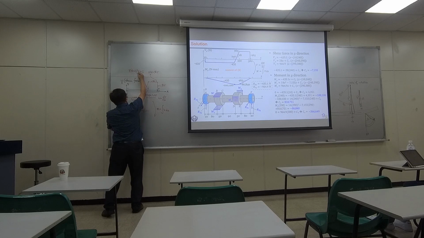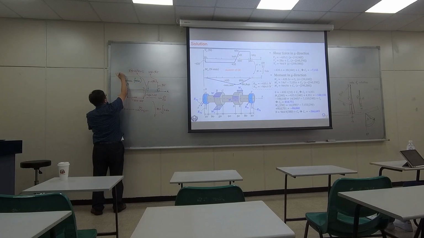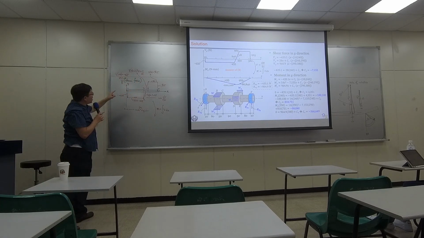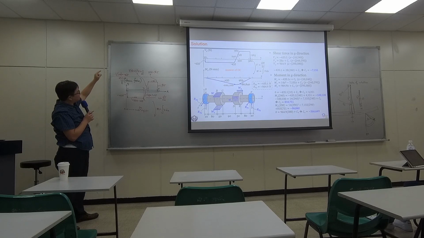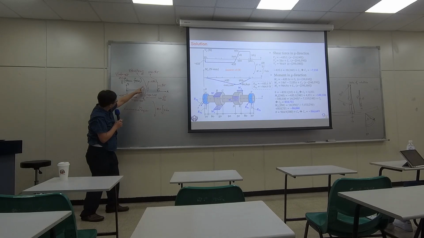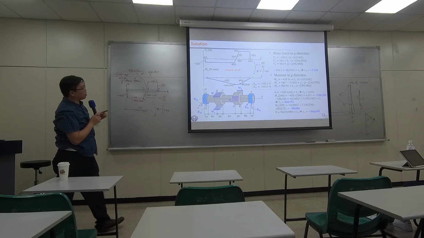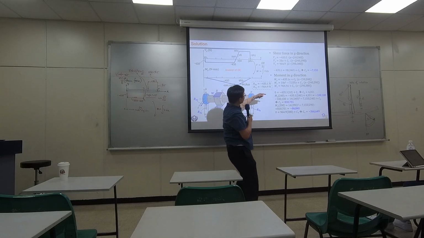At the end, V(240) equals this particular value, which is negative 435. So that's how you can get C1. Okay? So you will have the exact equation of the shear force in this portion.